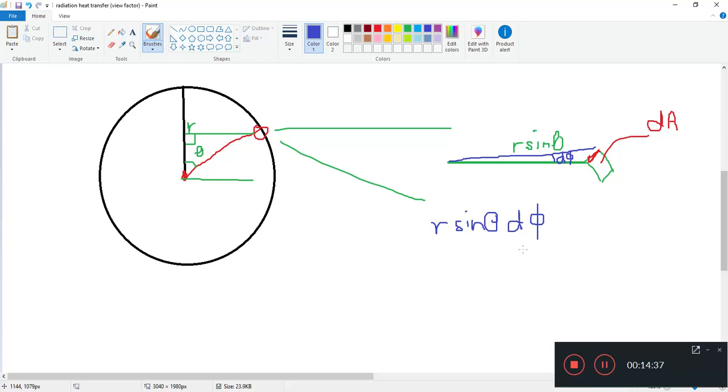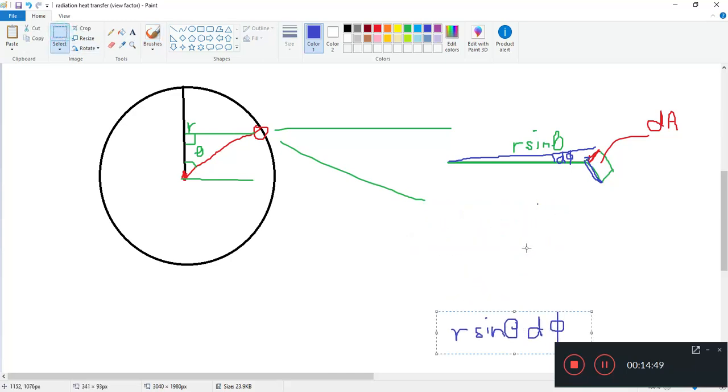Now, moving on. What is this length here? How can we describe this length? Well, we notice the red line that has been drawn here. This is the center, and this length is actually r.